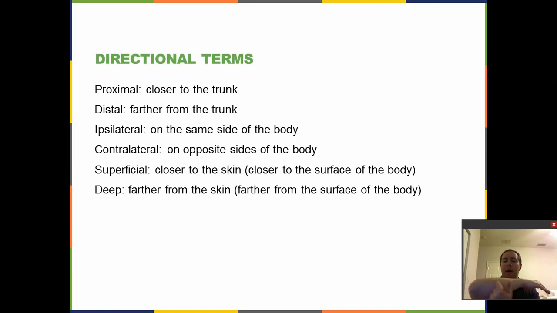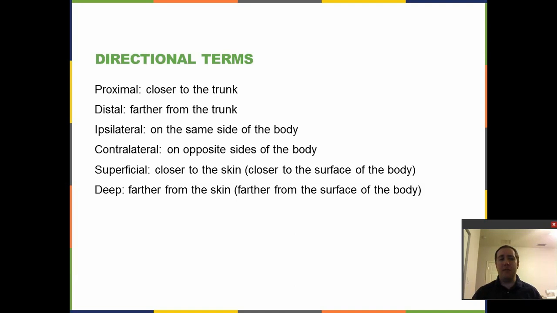On the top of my arm, the skin is on top, then the muscle is below it. But on the bottom of my arm, everything is reversed. Even though the skin is on the bottom, it is still superficial to the muscle on the bottom of my arm. Okay, so superficial means towards the outside, and deep means towards the inside.